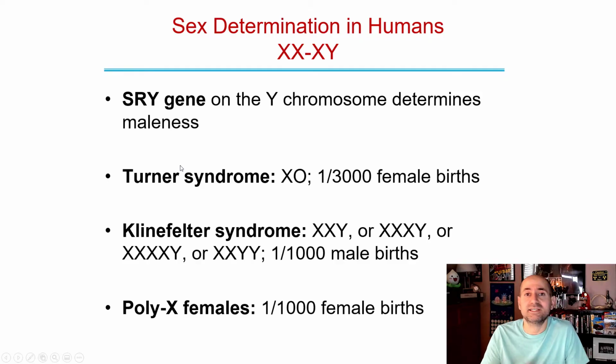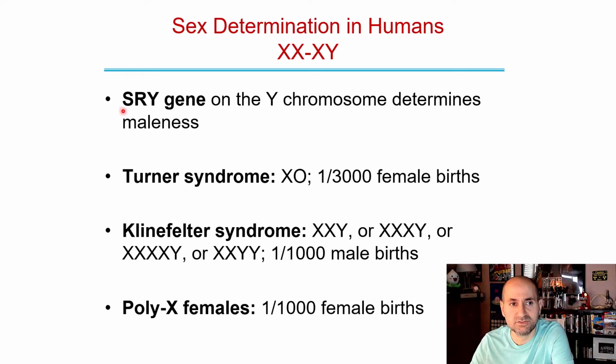Now, again, in humans you have the XX or XY system for sex determination. The SRY gene, which I told you about, is the important gene on the Y chromosome that lends maleness to males.